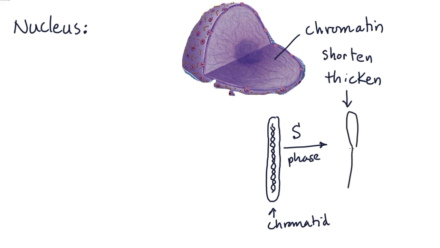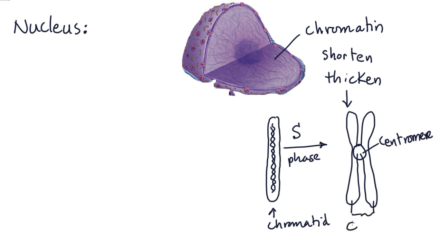So we can make it like that, and they are connected at one point called the centromere. This is a chromatid, and this is another chromatid, and together they are called a chromosome. So every one of these chromatids will go to one of the two dividing or produced daughter cells. Okay.